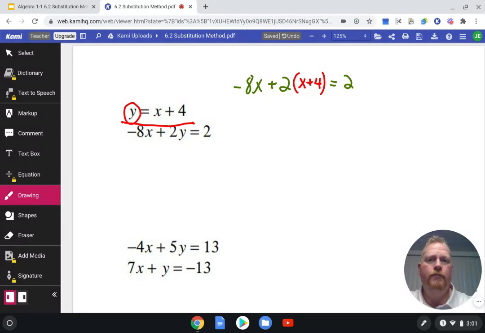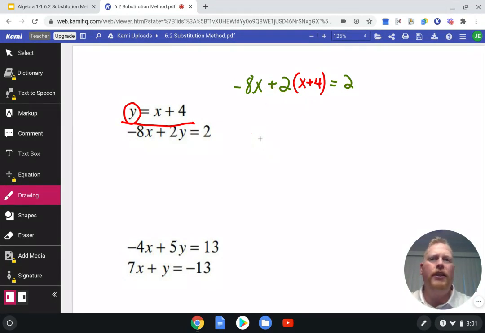Okay? So that's step 2. That's the essence of the substitution method. You took out the y, and you put in x plus 4. Now, a good double check here is that I should have all the same variable now. After step 2, if I still have both x and y, you've done something wrong. So now I've got one variable, one equation.